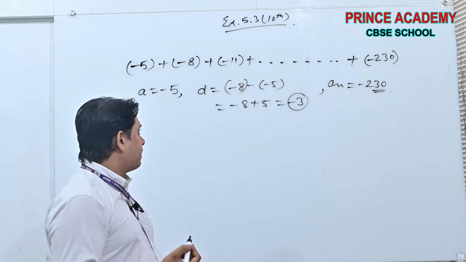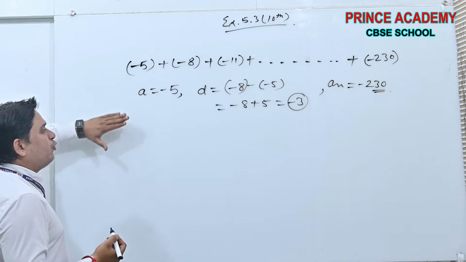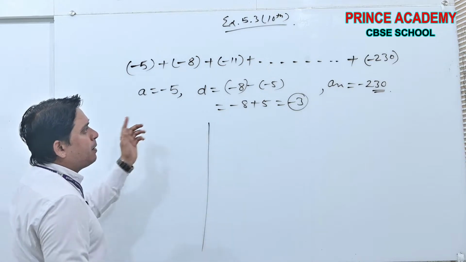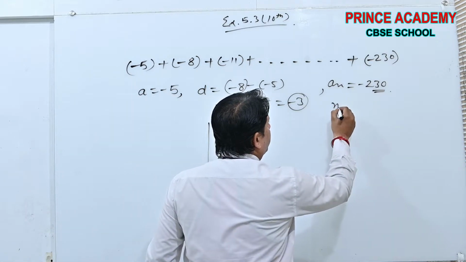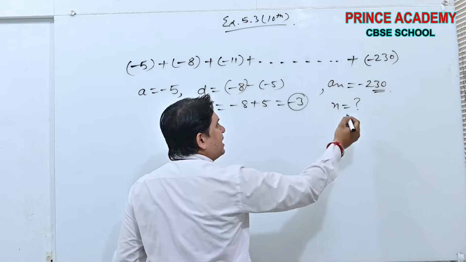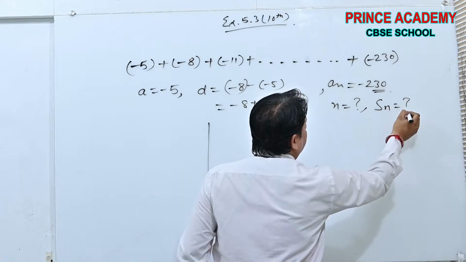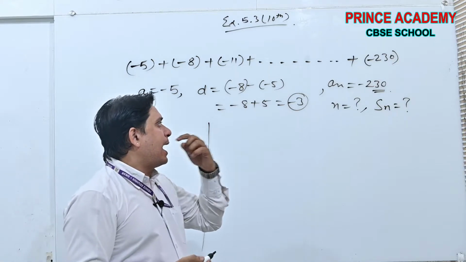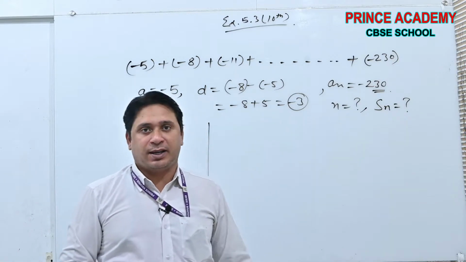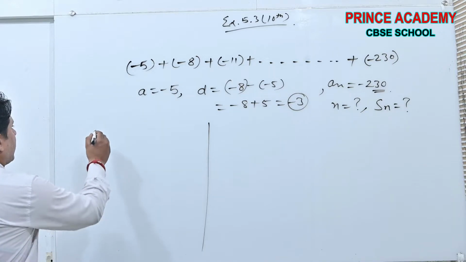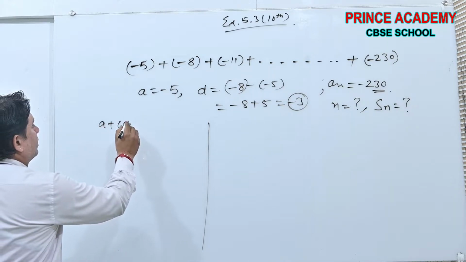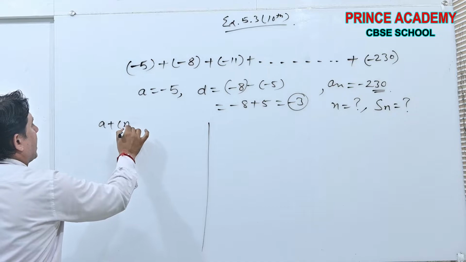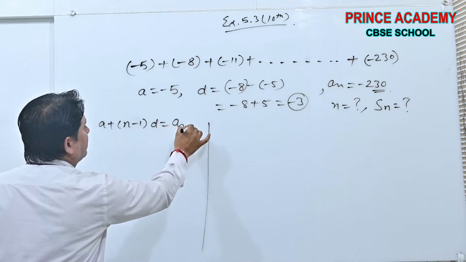Okay. Now see, what we have to do, first we will find n, because we don't have n. First we find n, then we will find Sn. Because in both forms, whatever formula you want to use, n is a must. See, a plus (n minus 1) into d is an, yes or no?